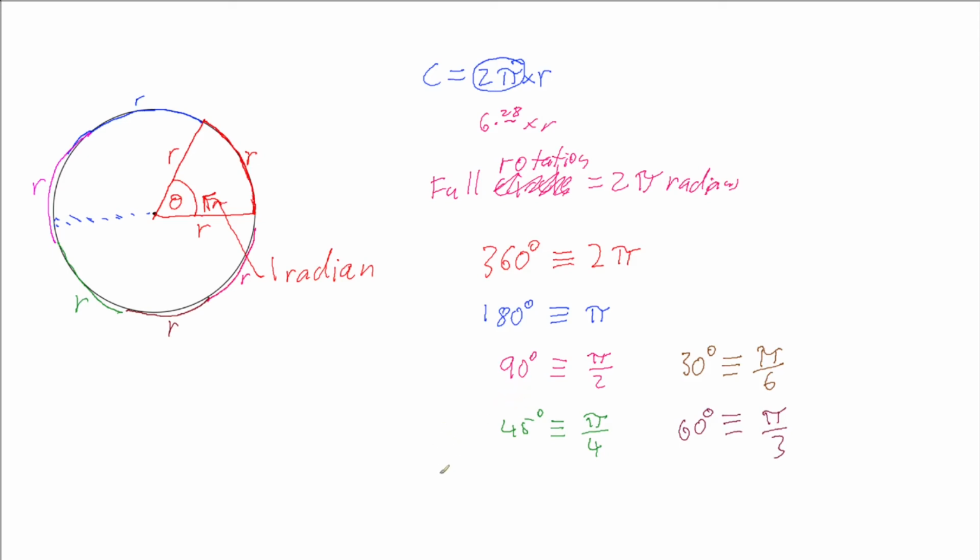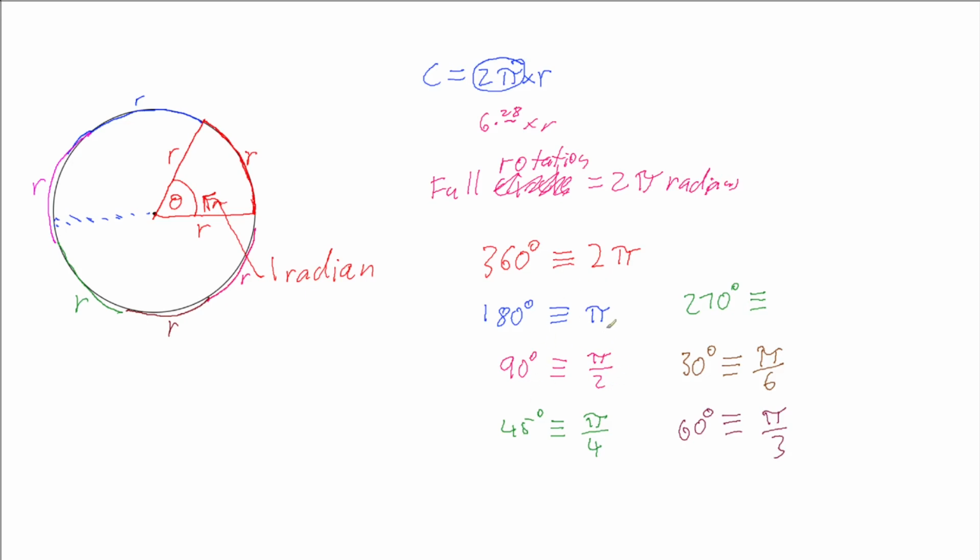If I am asked to draw an angle of pi on 4 radians, then I know to try and get an angle of 45 degrees, because they are equivalent. They're the same angle, different measuring unit. And of course we can get any multiple of these as well, because if I do 180 plus 90, that's going to be 270 degrees, and that's going to be equivalent to pi plus pi on 2.